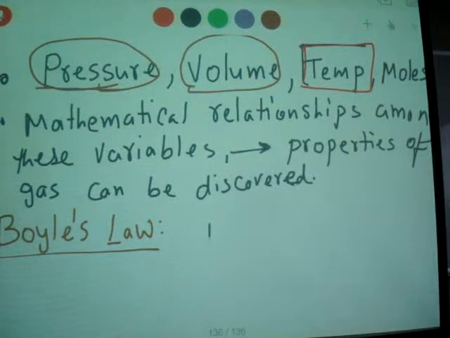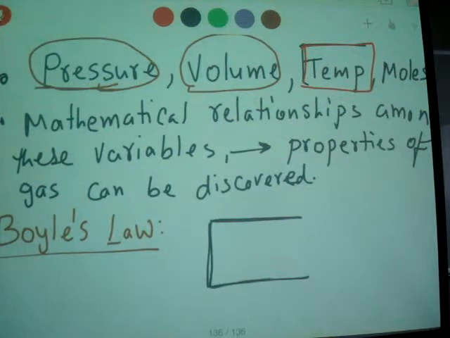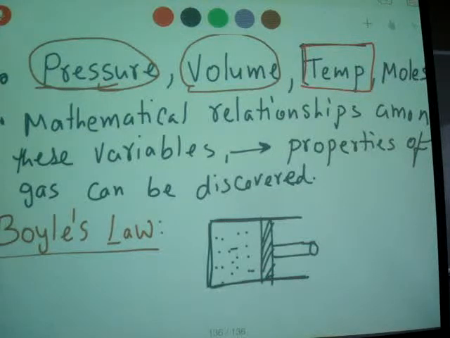Let's see what he did. This is a container, like a cylinder and piston assembly. In this cylinder he put some gas molecules, a fixed number of moles of gas inside, and then he measured the pressure, 2 atmosphere, and the volume of the gas, 2 liter.